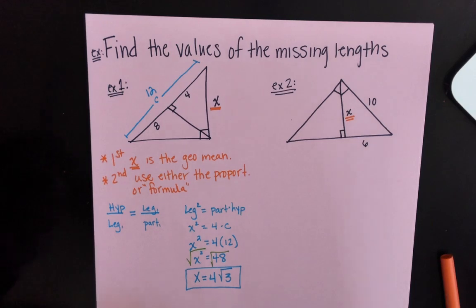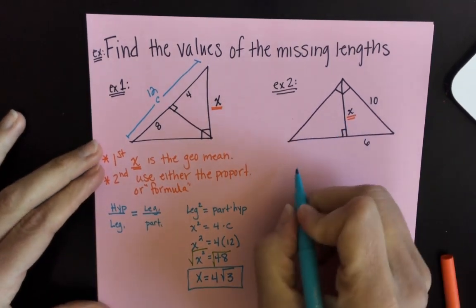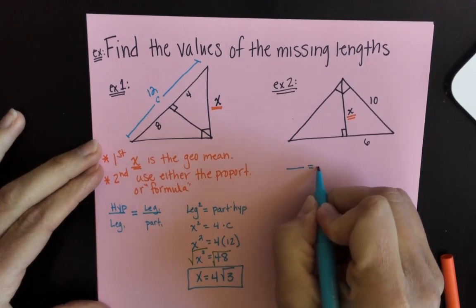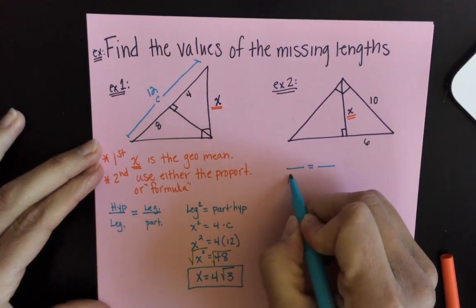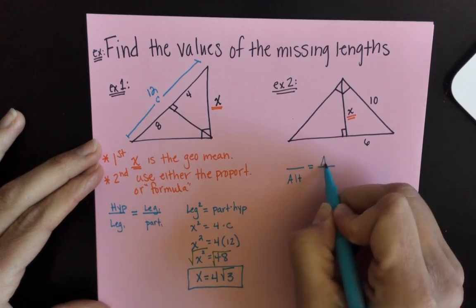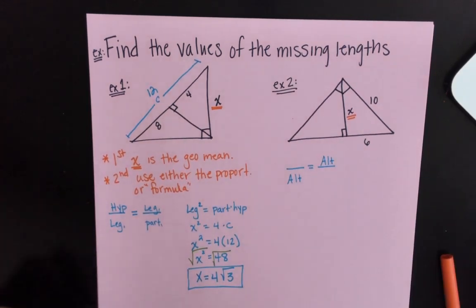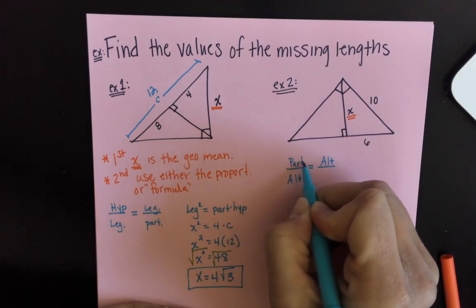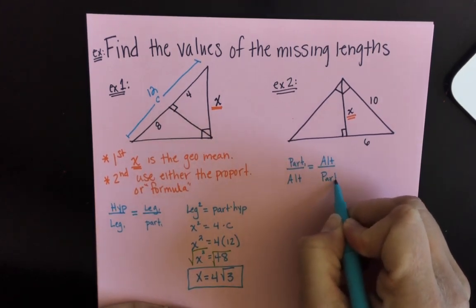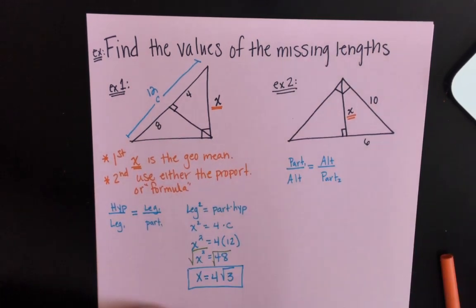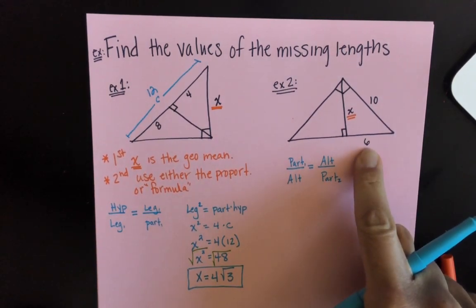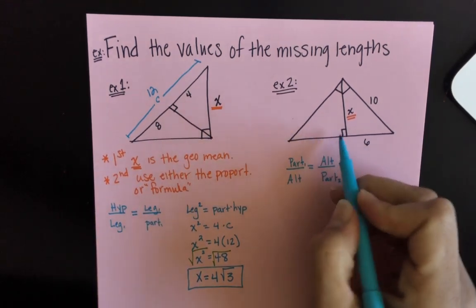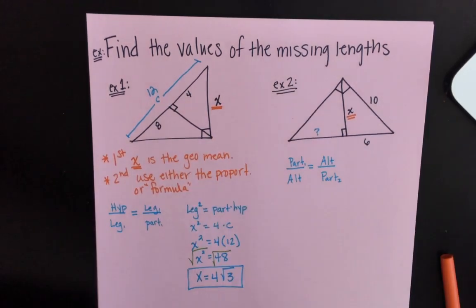I'm going to use either the proportion or the cross multiplication formula, but that told me before that when I filled in my proportion, the altitude went in the means position and the parts went across from each other. Well, I only have one of the parts. So that means I've got to figure out what this guy is here.